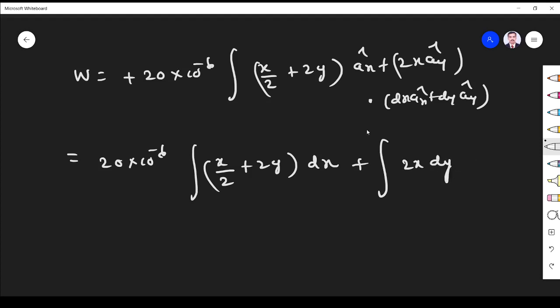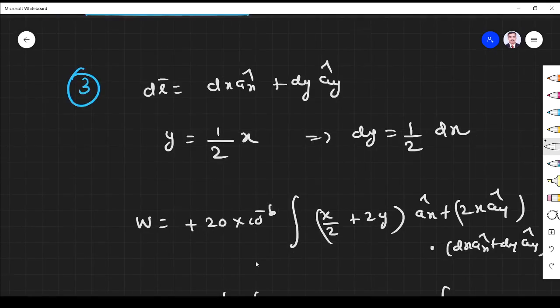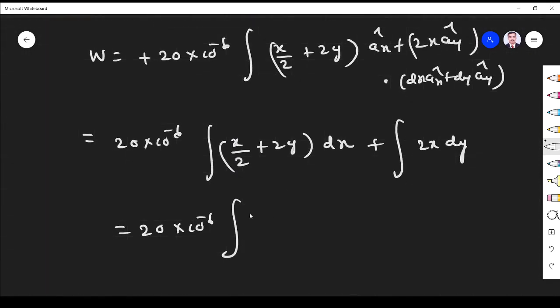Okay, this is my integration. So 20 into 10 power minus 6, right? Here the integration is with respect to x only, so we know y is equal to 1 by 2 x. Substitute that: x by 2 plus x, because y is equal to x by 2. Now everything is in terms of x.